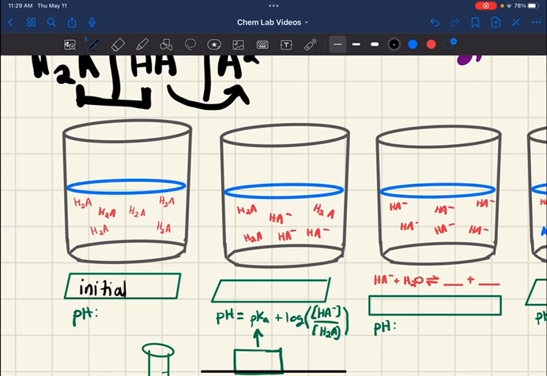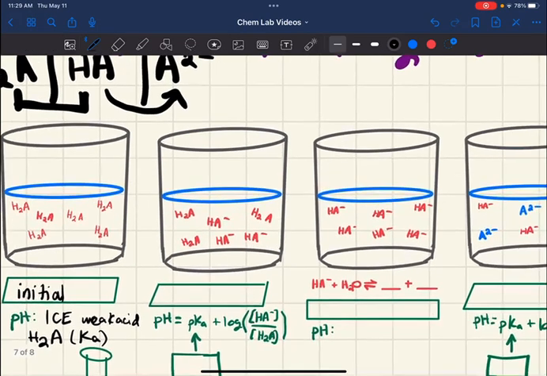At the initial point, our pH we could determine from an ice table, just like we do for any weak acid, and that weak acid would be our H2A. So we would need the Ka for H2A to be able to do that ice table. That would be before we add any strong base.